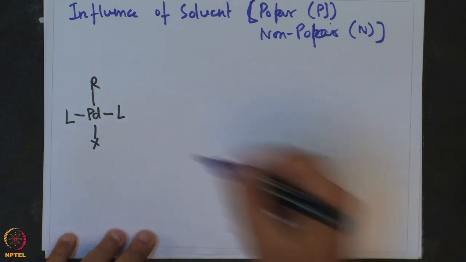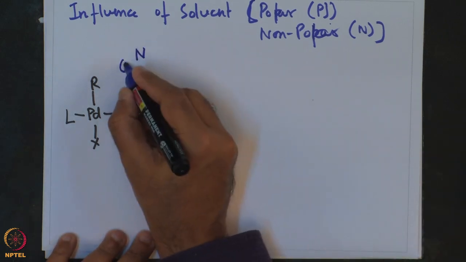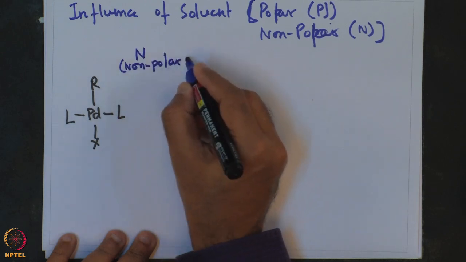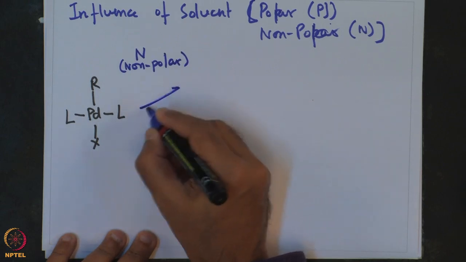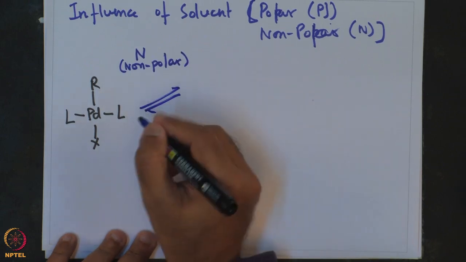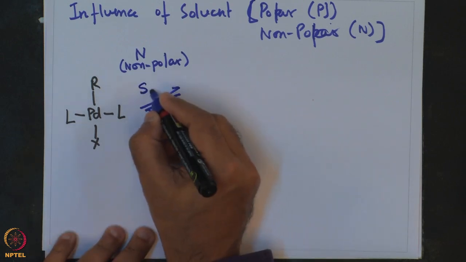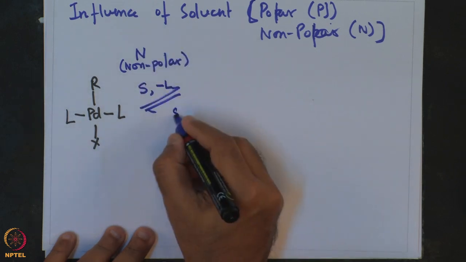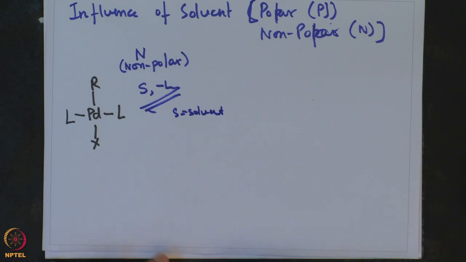Now, in presence of non-polar solvent N or non-polar medium, this is in equilibrium with, in presence of solvent S, it loses the L, S equals solvent.